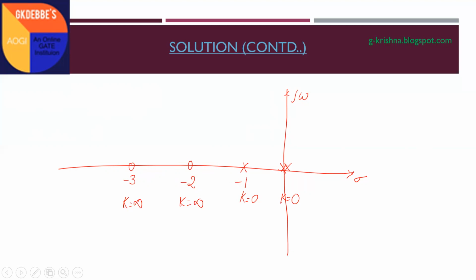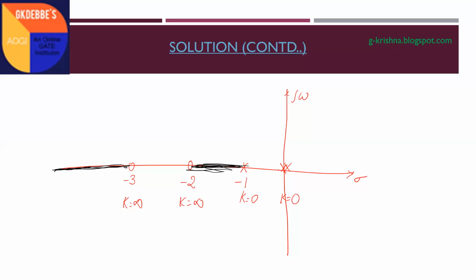Hence the root locus lies on the real axis between -1 and -2, so we'll take that region. Next, between -2 and -3, on the right hand side we again get an even multiple, so the root locus does not exist there. And from -3 to -infinity it is an odd number. Hence we have found the root locus existence on the real axis.